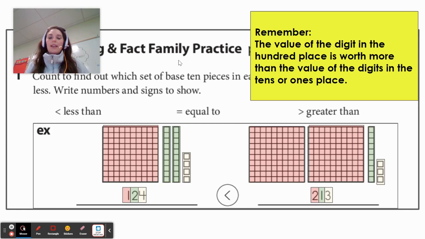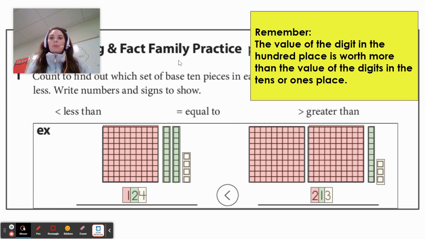I can see that 124 is less than 213 because 124 only has 100, but 213 has 200s. So I know that 124 is less than 213.